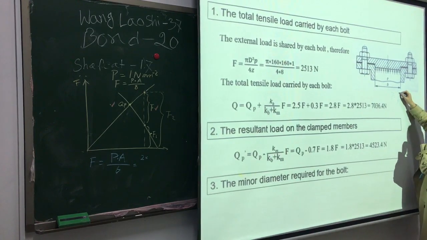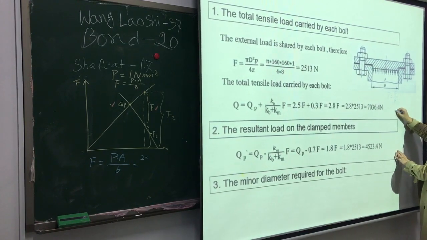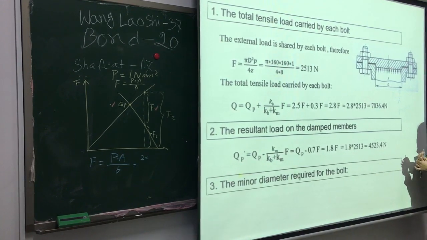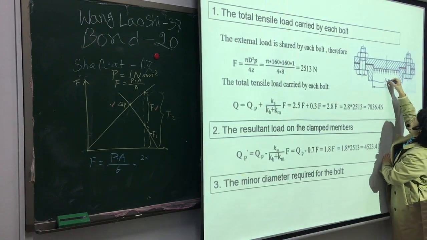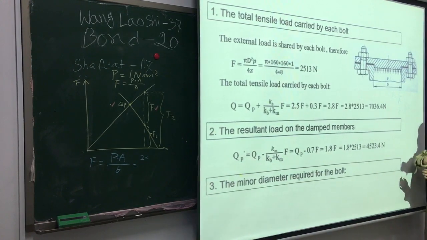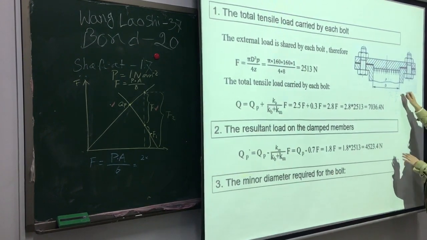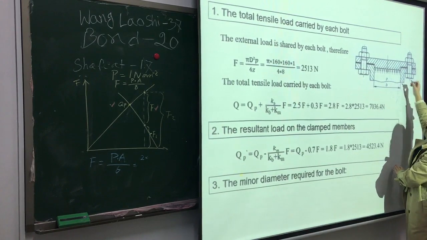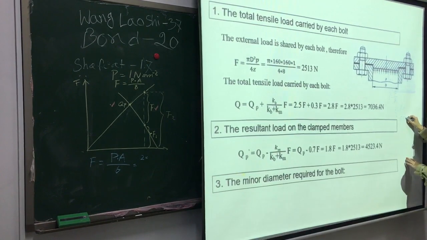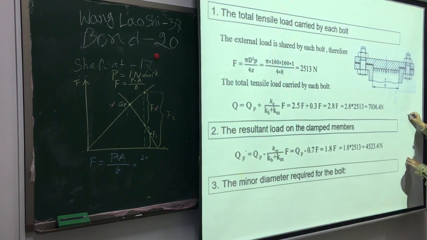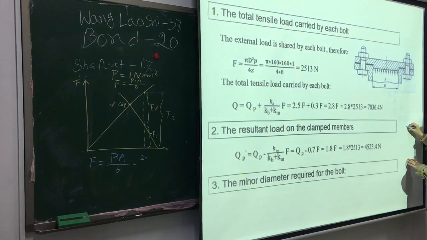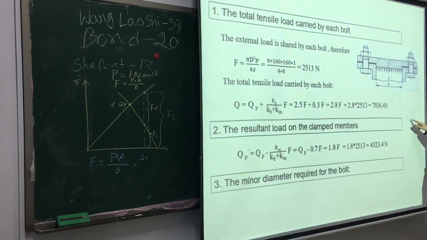So F is P times A, okay? For this F, we understand. The area is pi times D squared divided by 4.